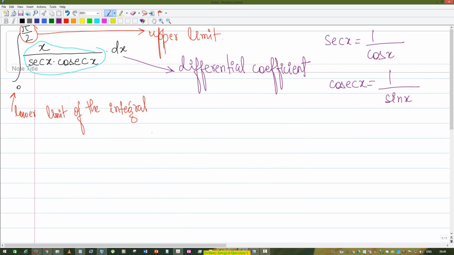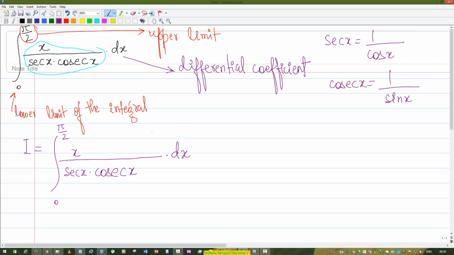Please observe this integral very carefully: 0 is the lower limit and pi by 2 is the upper limit. So what we can do is assume this integral to be I. So I is the integral from 0 to pi over 2 of x over secant x cosec x dx.